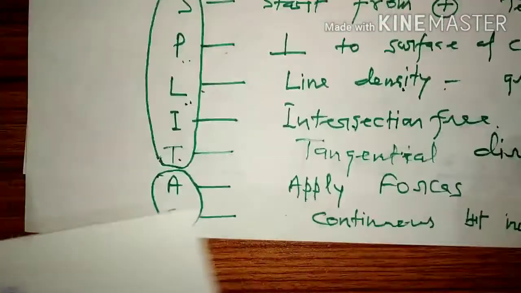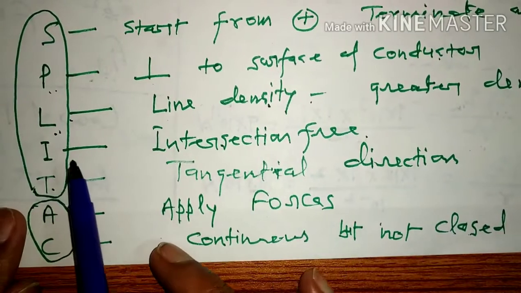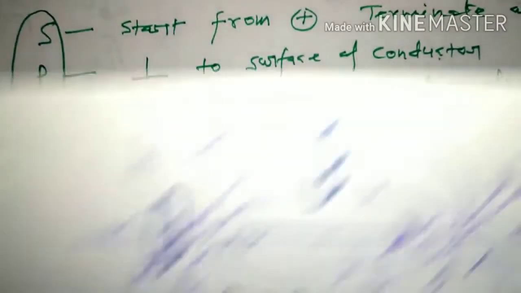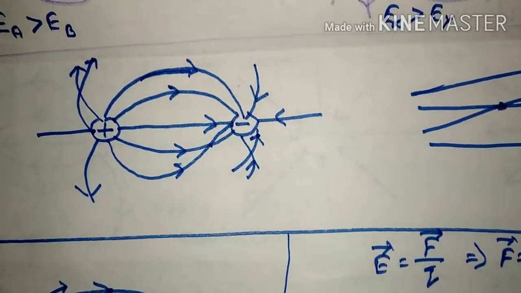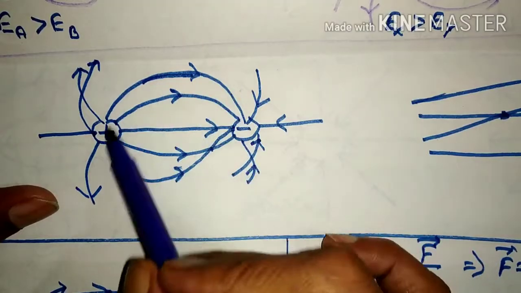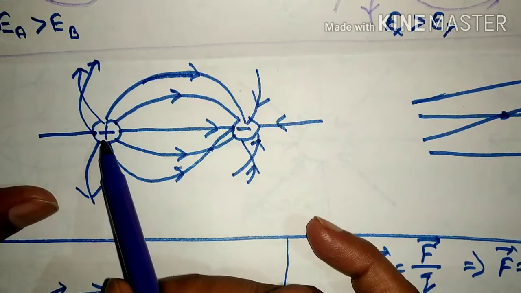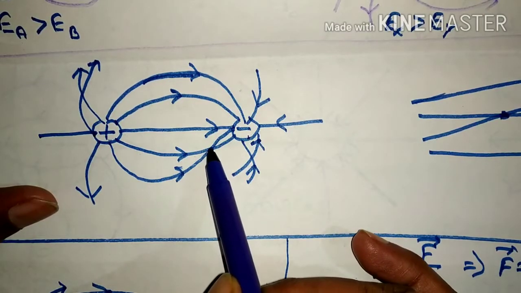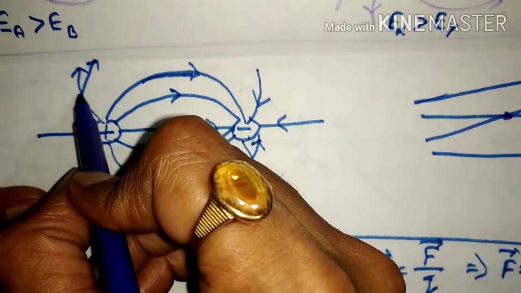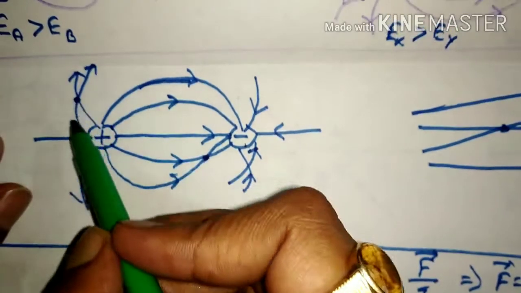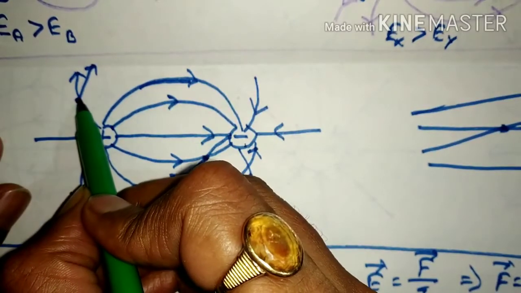Now, intersection free, that is the 2 electric field lines can never intersect each other. Suppose that this is a pattern of electric field lines I have shown due to a system of positive and negative charges. Here the electric field lines are intersecting each other, as well as here. So what will happen if the 2 electric field lines intersect at the same place?